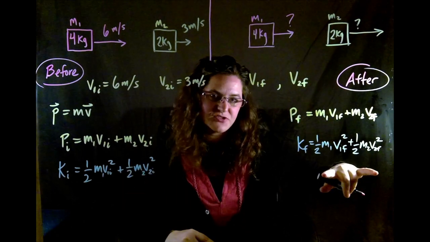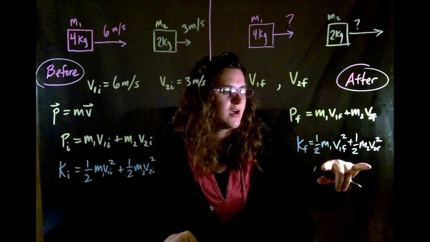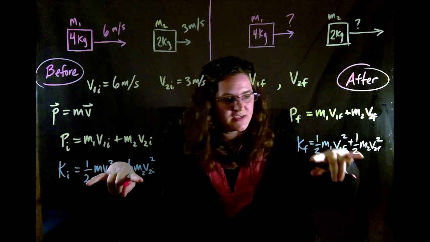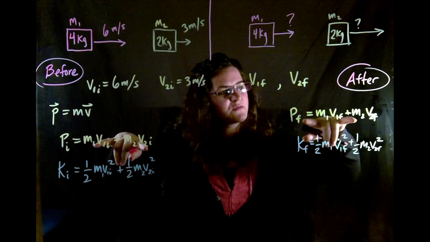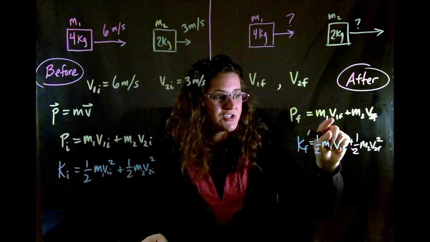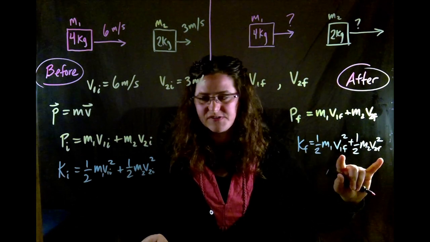Here's my kinetic energy final, because the two particles might also be moving. Now I have basically this equals this because kinetic energy is also conserved, and this equals this because the momentum is conserved. Now I have two equations and two unknowns. Here are the unknowns there. Notice that they're squared in this one.